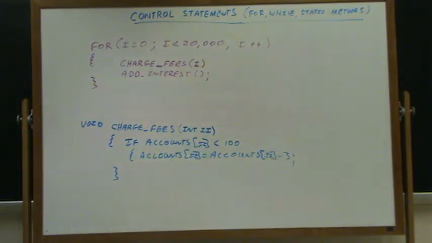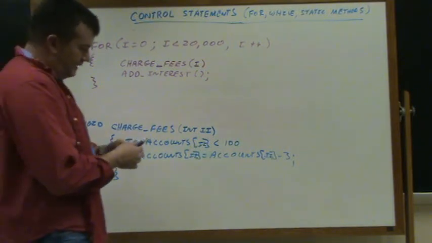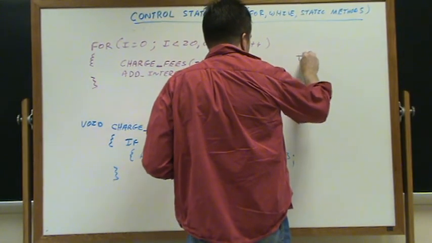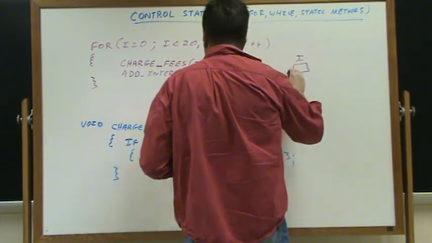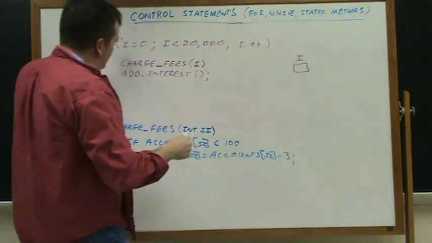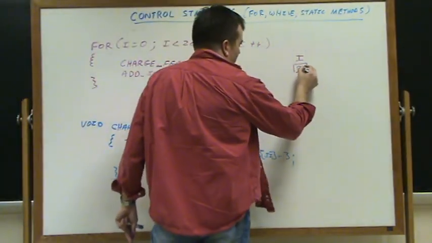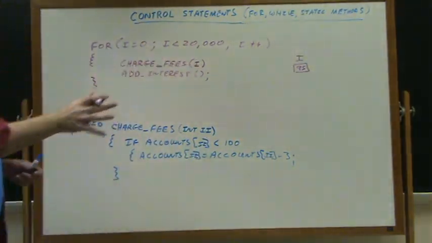If the parameter int II is different, II and not just I, how is it taking in the parameter of I above? Yeah, that's a very good question. Up here we have a piece of storage called I, which let's say, as this thing is looping through, is currently equal to 95. It's going to go from 1 through 20,000.